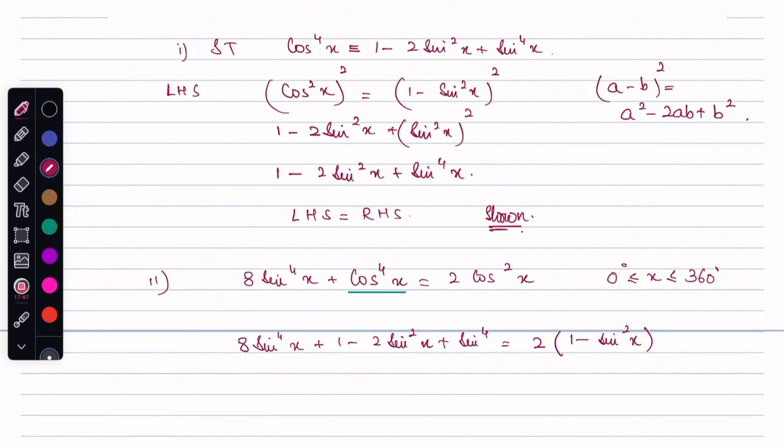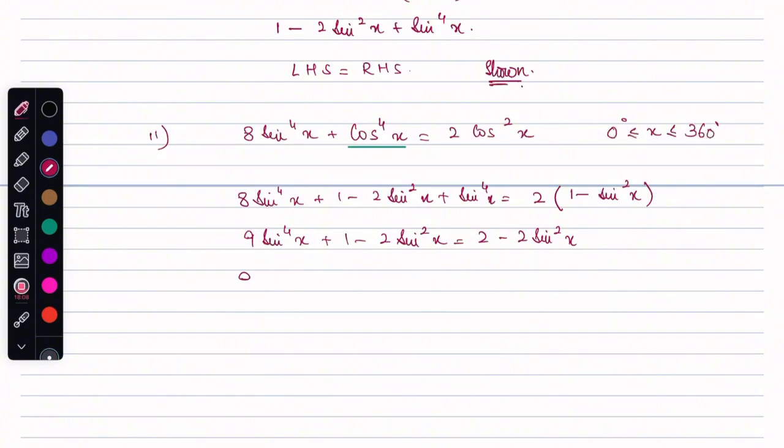So 8 sin^4 x plus sin^4 x can be written as 9 sin^4 x, and then I have a plus 1 minus 2 sin^2 x, and this then is equal to 2 minus 2 sin^2 x here. So solving the equation, it's 9 sin^4 x minus 2 sin^2 x.